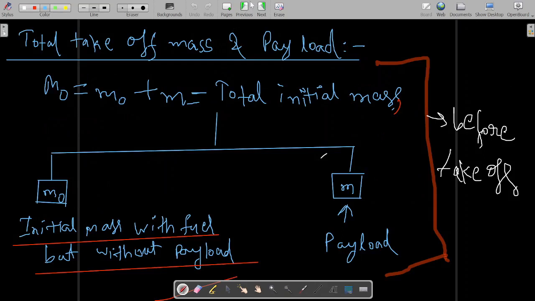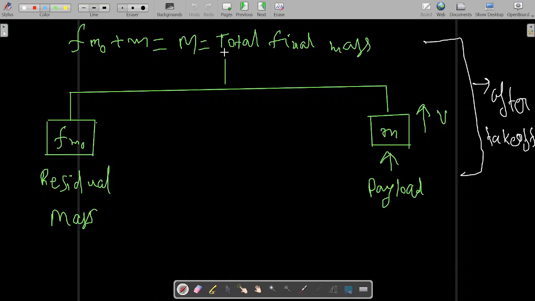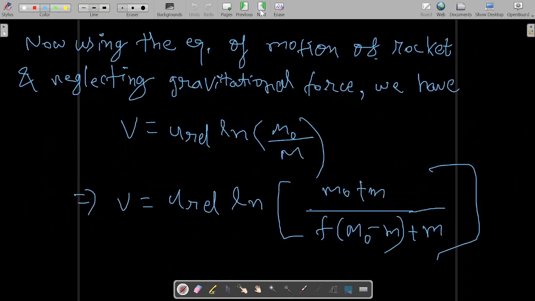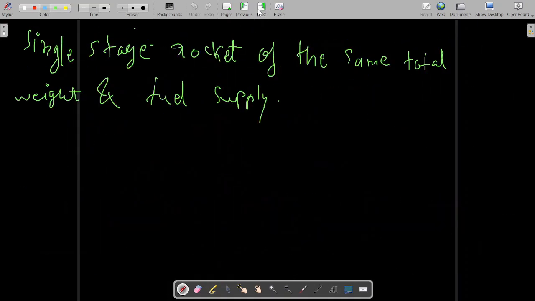Your capital M naught is total initial mass, and small m is the residual mass, the total final mass.